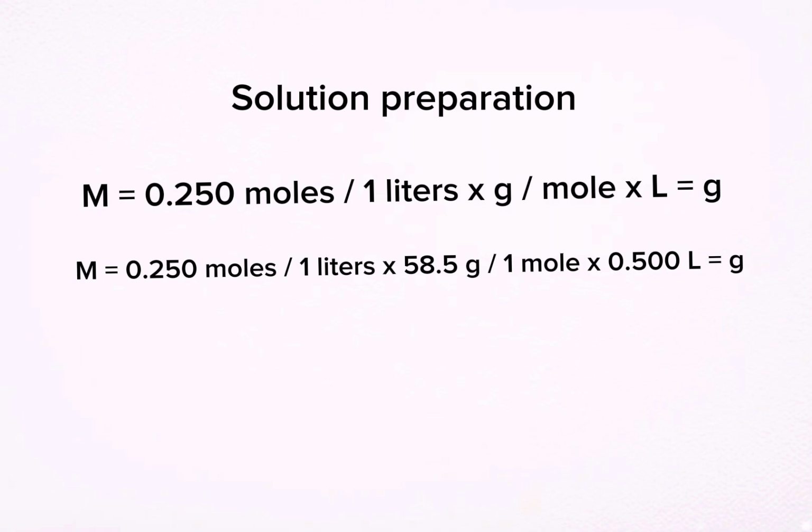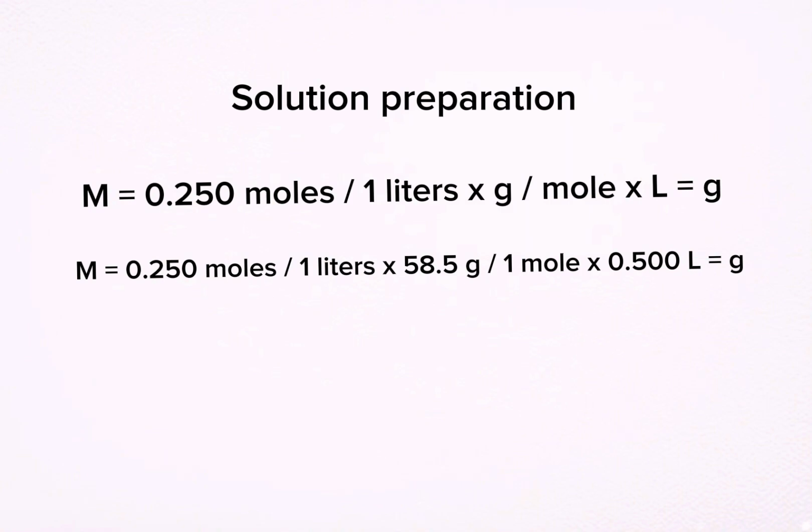But before we proceed in our computations, we need to cancel moles and liters to get our grams, or to get the weight in grams. And here's our formula. M is equal to 0.250 moles over 1 liter multiplied by 58.5 grams over 1 mole.